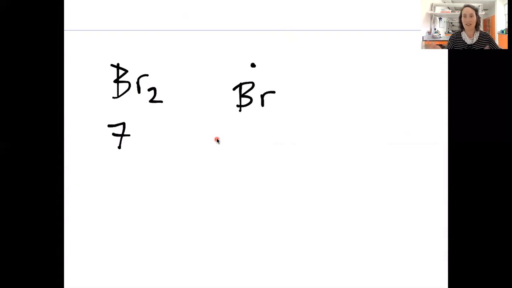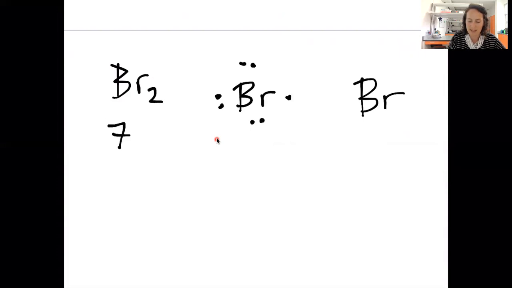Remember, 7 electrons on its outermost shell. 1, 2, 3, 4, 5, 6, 7. And then we're gonna do that a second time, because I've got to link up 2 bromines. 1, 2, 3, 4, 5, 6, 7. All right, so there's my 2 bromines that have 7 valence electrons around the atom nucleus.